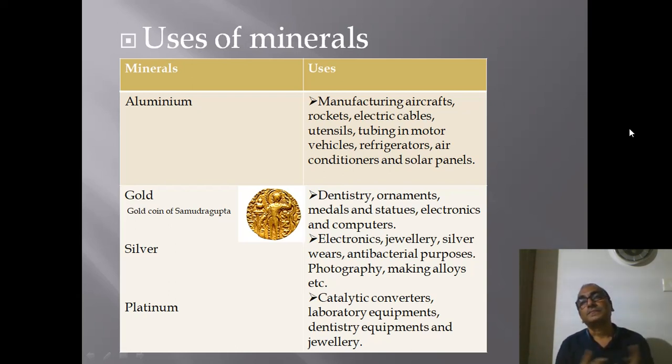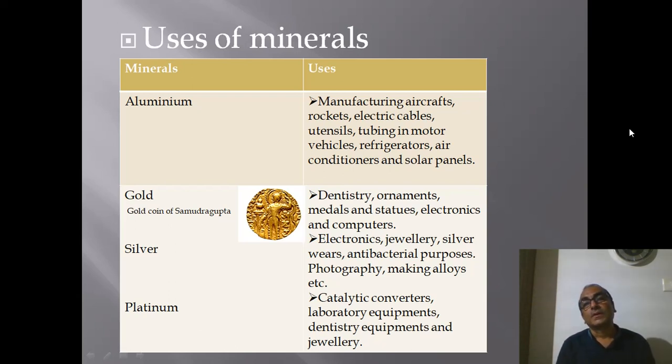Then in tubings of motor vehicles and other engines and machines, then in refrigerators, air conditioners, in solar panels and so on. There are so many uses of aluminium.